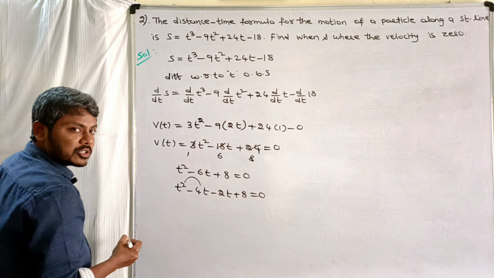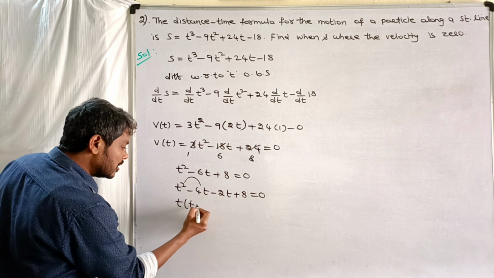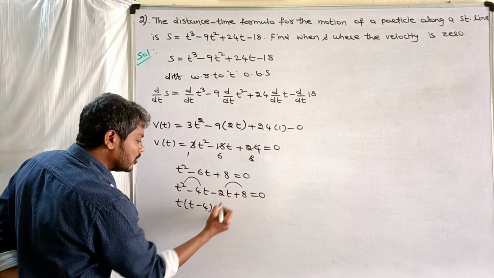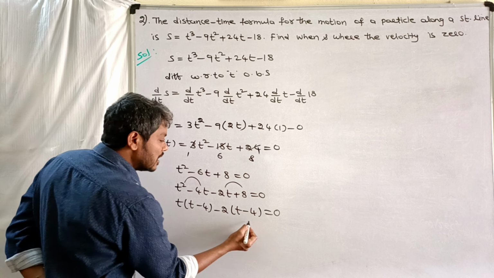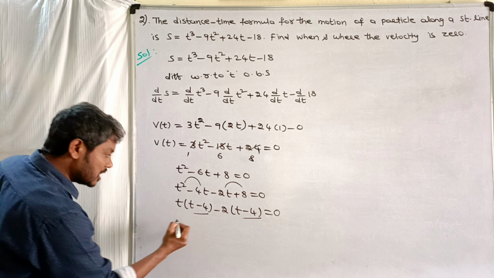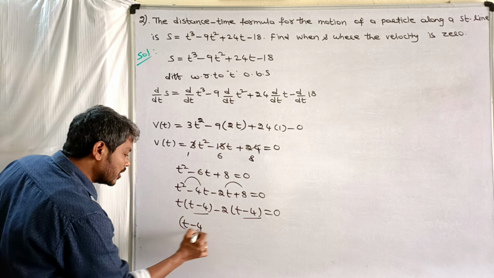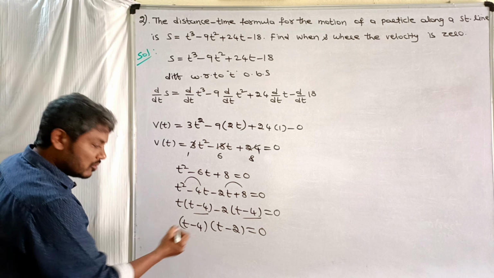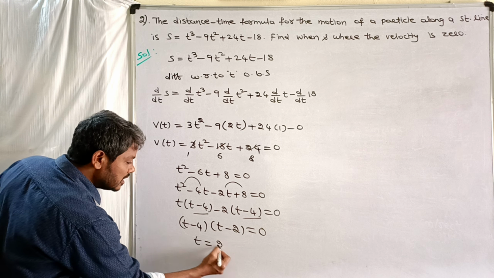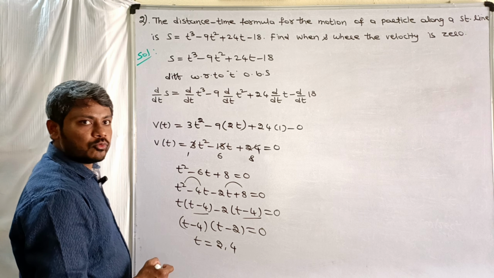From the first two terms, t is common, t minus 4. From the second two terms, minus 2 is common, t minus 4. Again t minus 4 is common: t minus 4 into t minus 2 equals 0. What are the t values? t is 2 and 4.